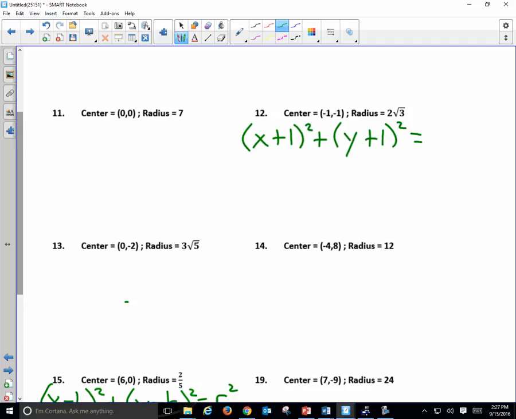Uh-oh, I got to square 2 roots of 3. How do I square something? Take it, multiply by itself. 2 times 2. Root of 3 times root of 3. Root of 9, which is 3. 12.